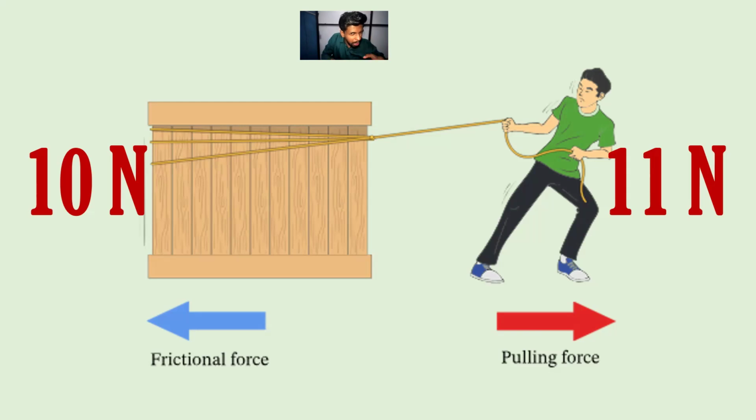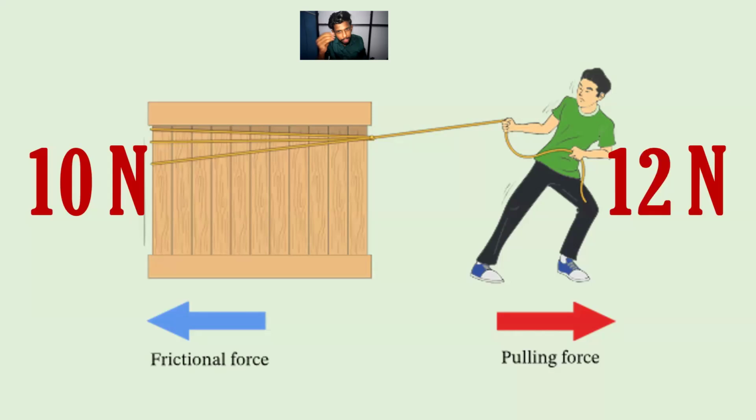The surface can only give up to 10. Up to 10 it can manage. But when I apply 11 Newton, the surface can only apply 10 Newton because the maximum frictional force is 10. Beyond that limit, the surface will never apply the force.